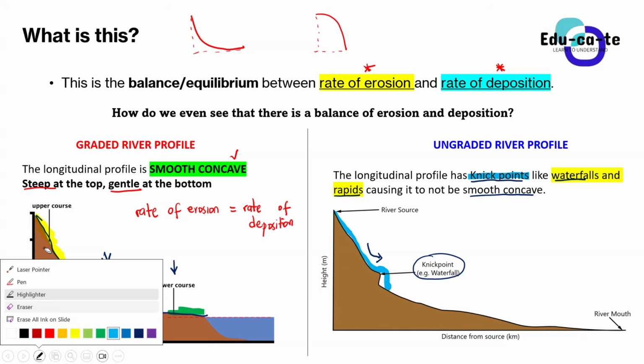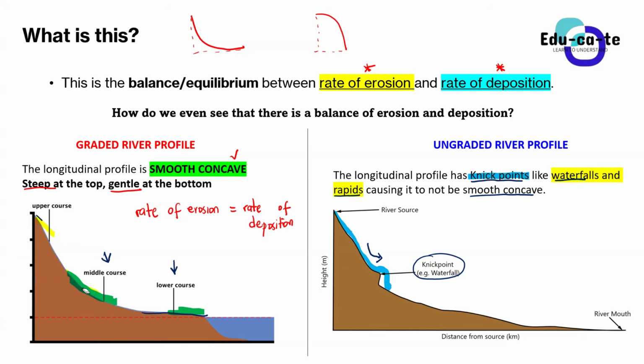In the graded river profile, the water was flowing smoothly along this smooth path. Okay. The water could flow from the upper course and flow down to the middle course and then flow to the lower course. Right. It's just a smooth flow.